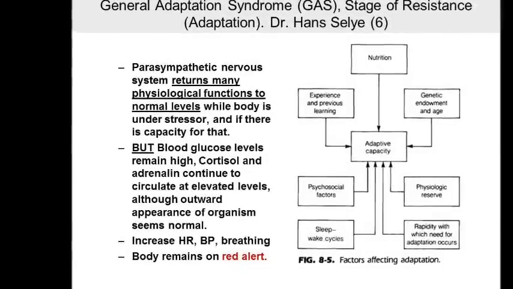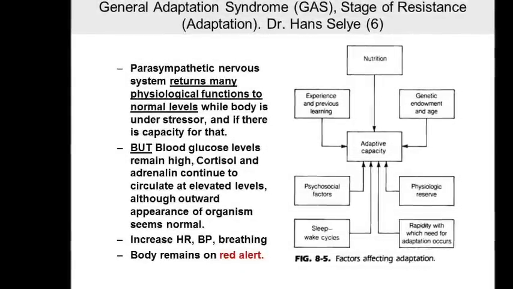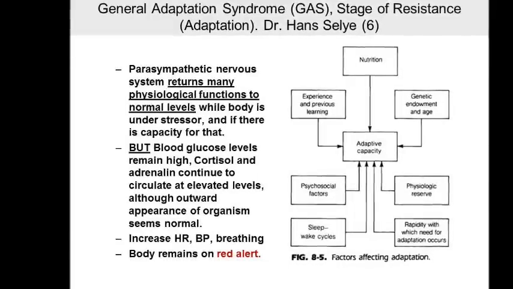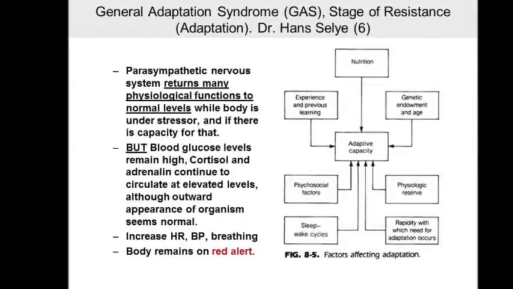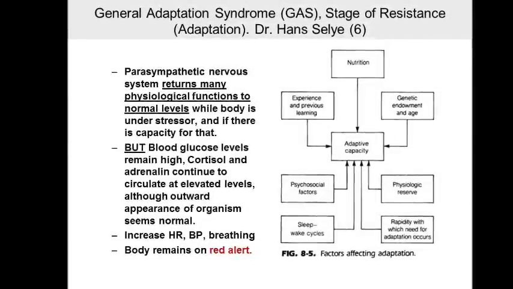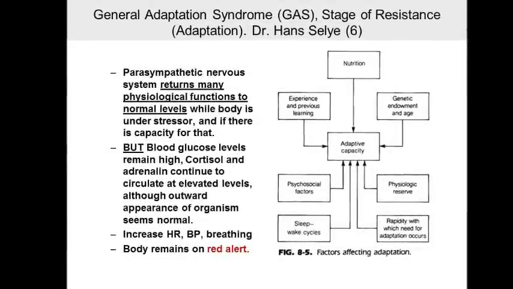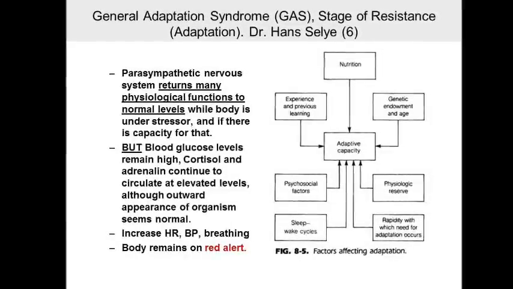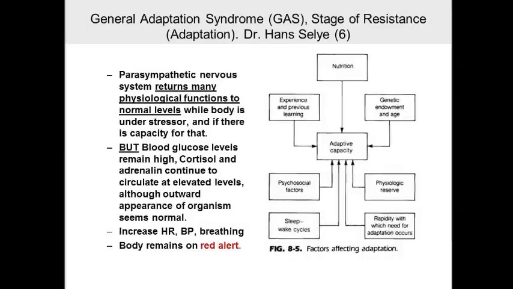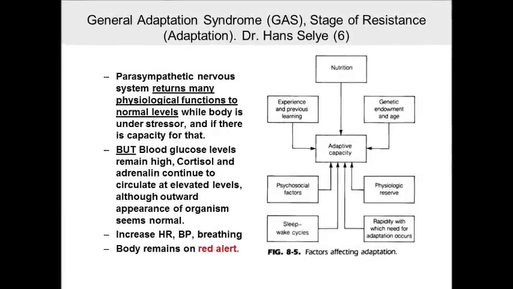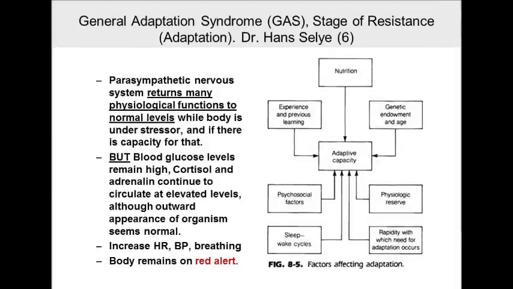For some people it can be a short period of time before their system fails. For some people it can be a lifelong time. Adaptive capacity, and there's nutrition, and there's genetics, and life experience, attitude to life, psychological reaction.